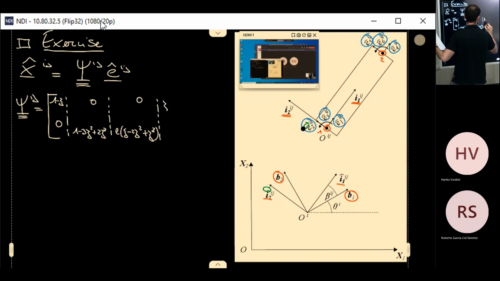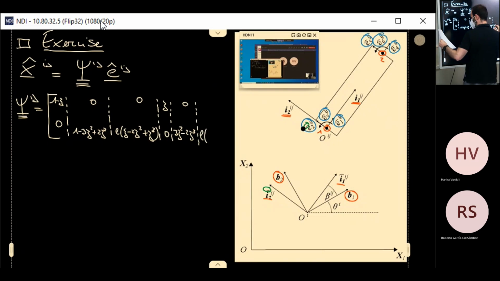Here we have c, 0. Then we have 3c to the second minus 2c to the third, and here we have 0. And then eventually we have L multiplying c to the third minus c to the second.